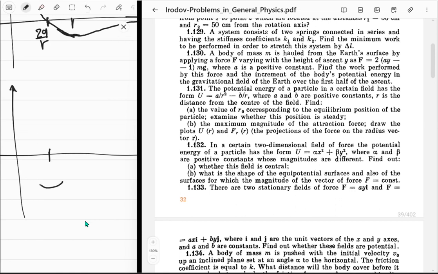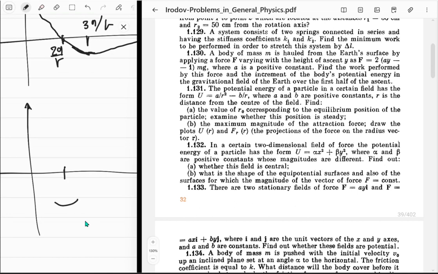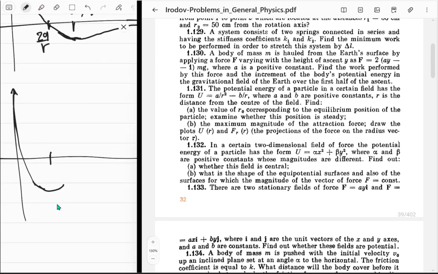And then over here, the slope will be negative, and then it goes to infinity as r approaches 0, right? Because it's basically like 1 upon r and then a upon r minus b. So as r approaches 0 plus this happens, and as it approaches infinity, of course, this thing approaches 0.